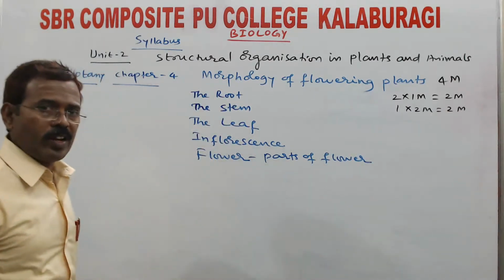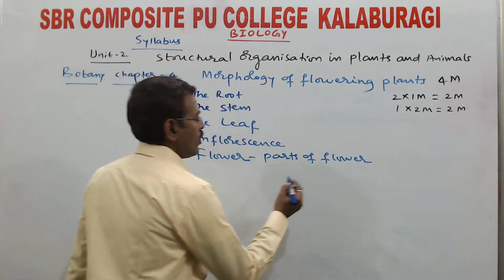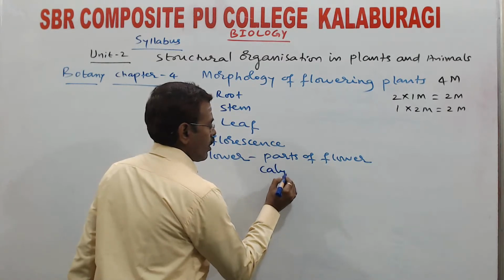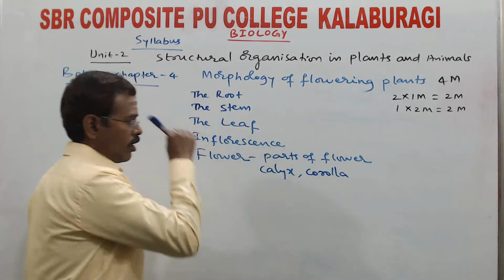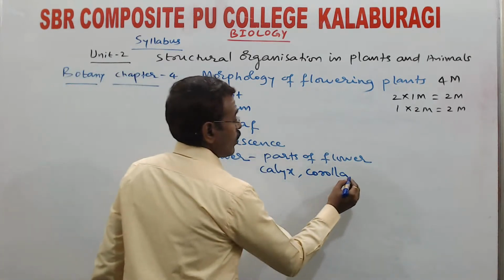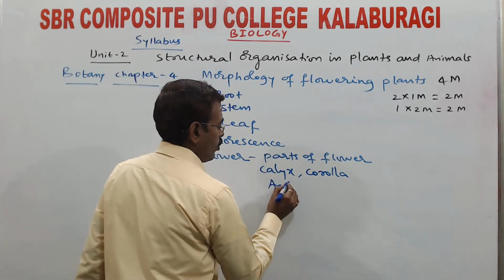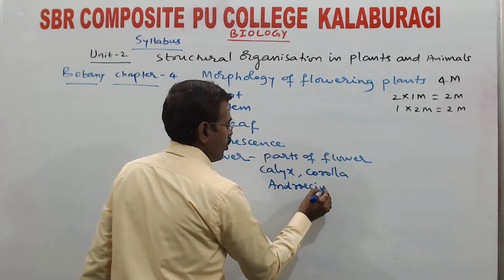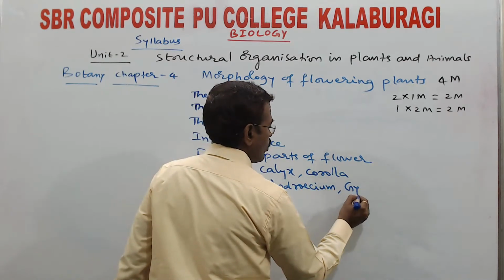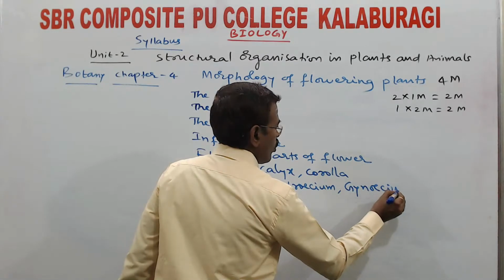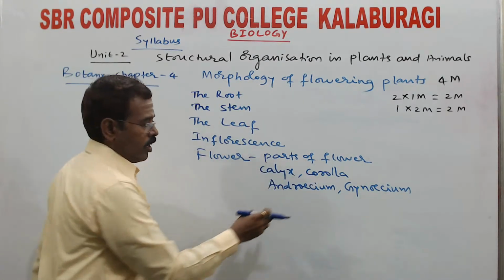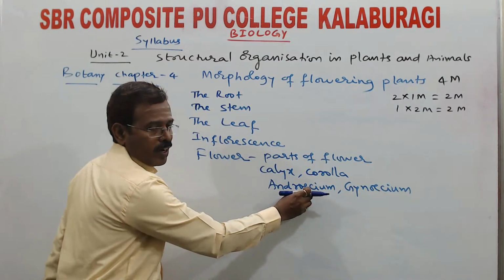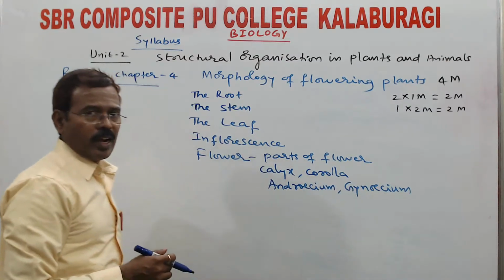In the flower, various parts are there: calyx, corolla, then androecium, gynoecium. Accessory whorls are calyx and corolla; reproductive whorls are the male reproductive whorl, androecium, and the female reproductive whorl, gynoecium.